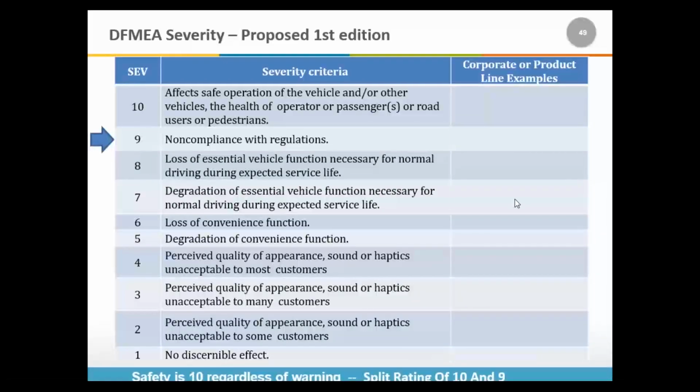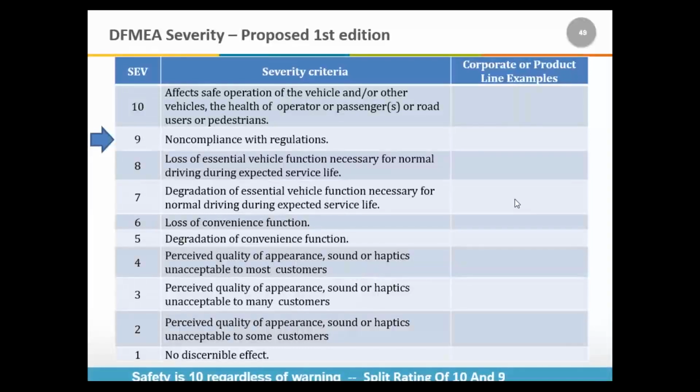As long as it affects safe operations, it's a 10. 9 is now strictly with respect to regulation. They split this up because people were talking about which one is more stringent. The rest, as you see, is pretty much the same as it was before.